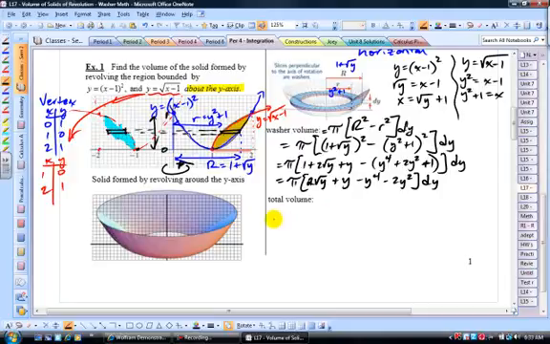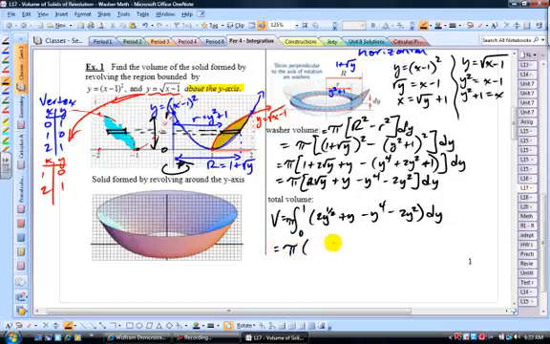All right, so my exact volume here is going to be the integral from 0 to 1 of pi, and again I'm going to bring pi out, of 2 root y, or y to the 1/2 power, plus y minus y to the fourth minus 2y squared, all with respect to y.